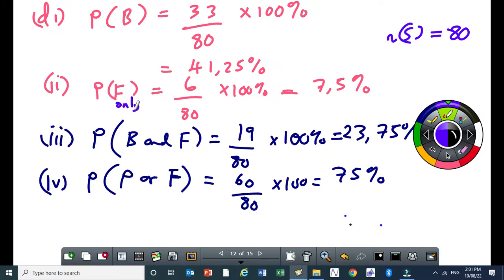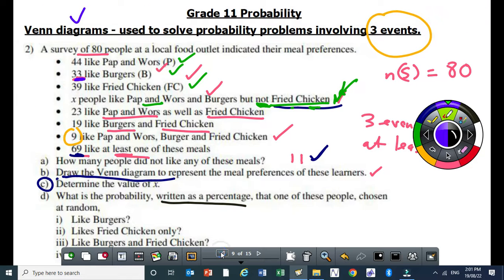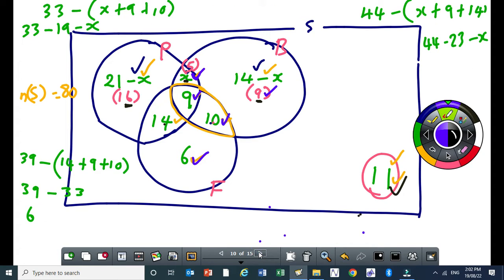Then the next question says, likes burgers and fried chicken. Now, it's not strict here. It doesn't say burgers and fried chicken only. Therefore, if we want to determine those who like burgers and also like fried chicken, it means we have to add, this is very important, these 9, plus these 5.